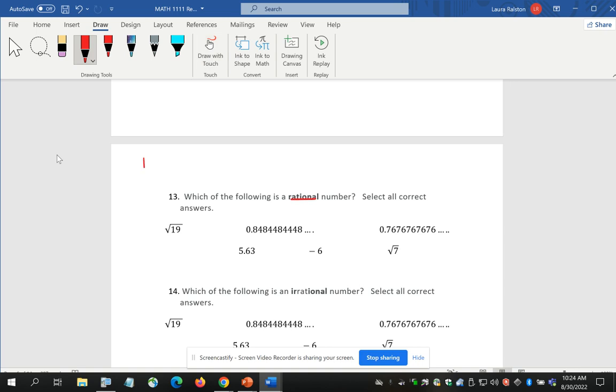Okay, rational is kind of a fancy word to indicate that it can be a fraction. It could be a whole number, because I can write a whole number as a fraction. It can be a terminating or a repeating decimal.